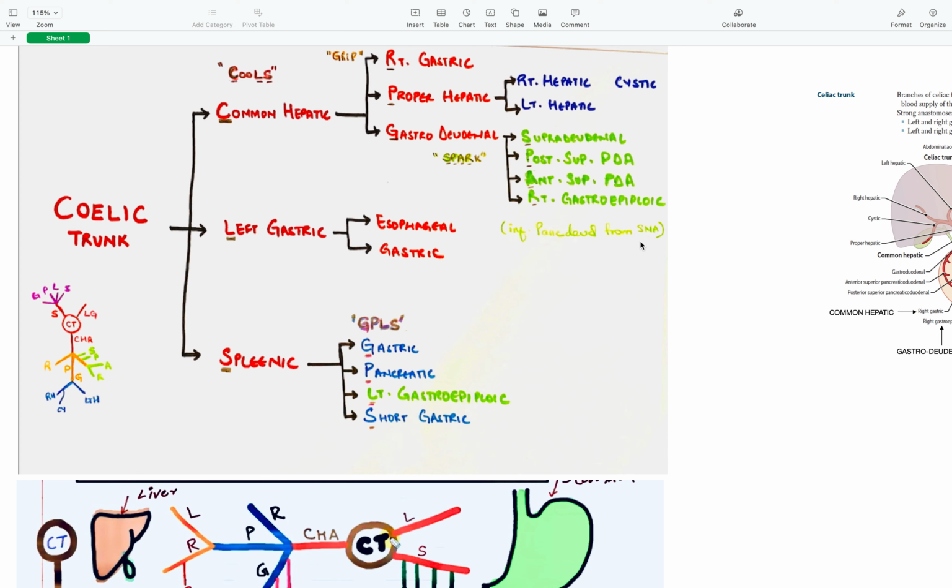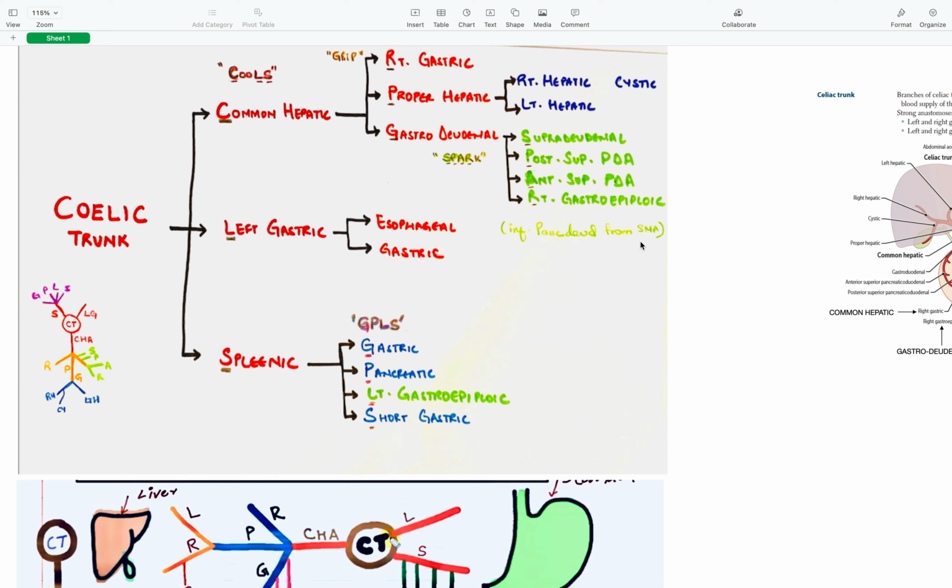So that was the thoracic and the head of the city man. Then the common hepatic artery is further divided into three main branches, like how we said, GRIP. So it's the gastroduodenal artery, the proper hepatic artery, and then the right gastric artery.